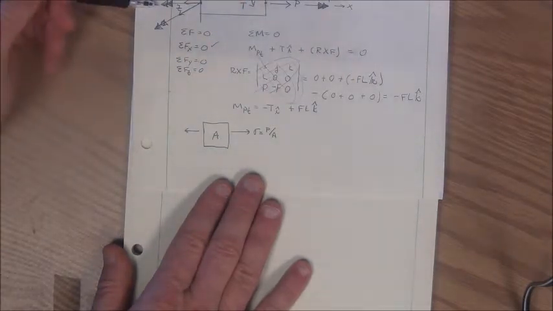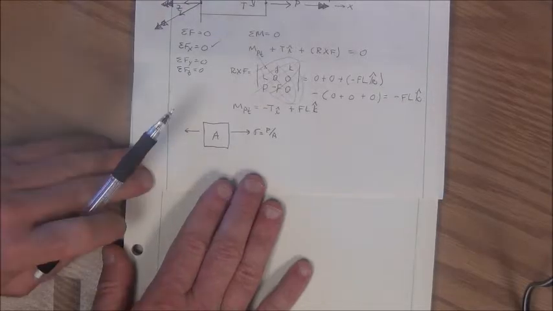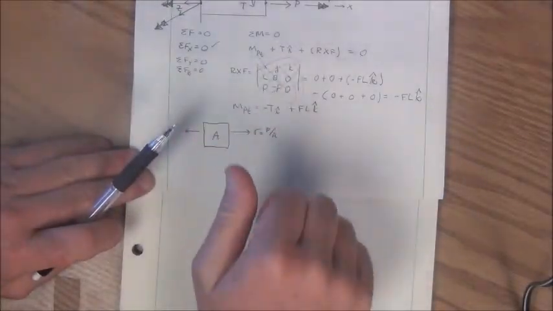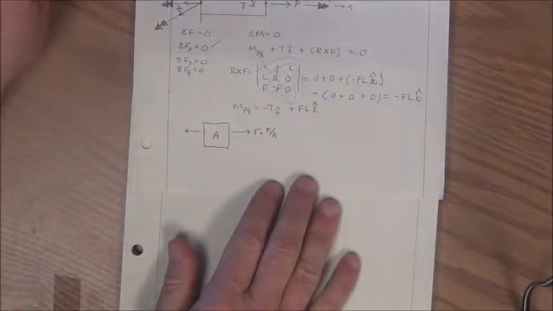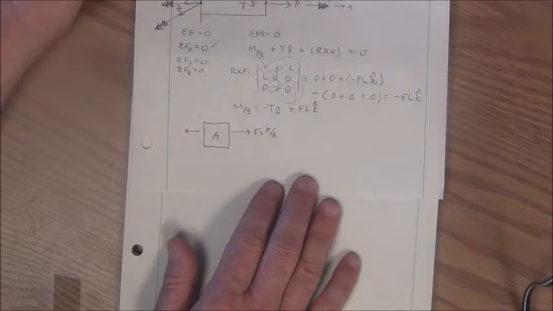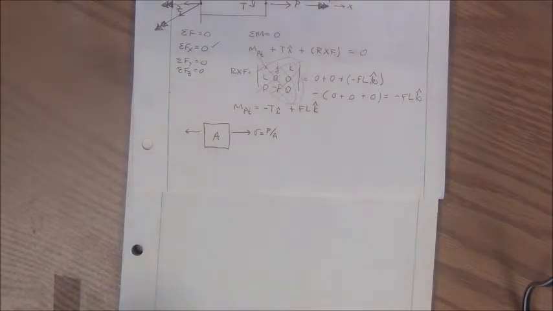Now I look at my reaction torque, and my reaction torque is going in this direction. My reaction torque is not a moment, it's not a P, it's not a V, so my only option is a TC over J, and indeed it does do a TC over J stress.